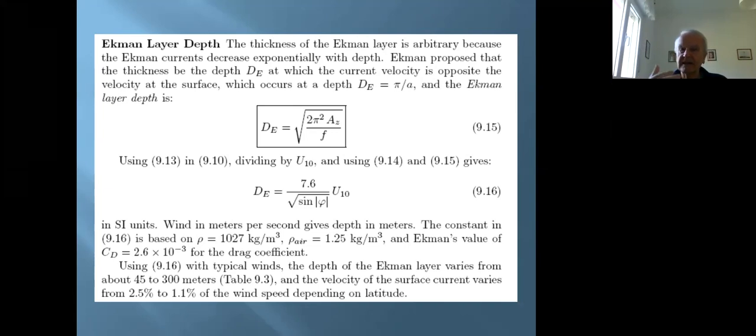There is another interesting thing here. At the equator, the Ekman layer depth is not defined because you have this divided by 0, which is an undefined number. Therefore, at the very equator, the Ekman layer is not defined.